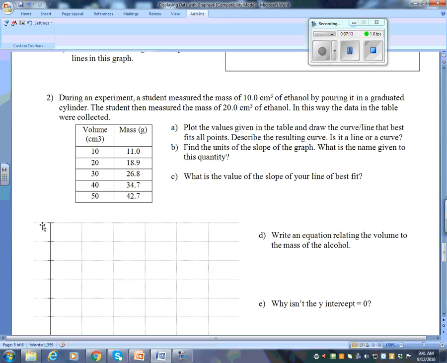Both of you are wasting time. Just... volume will be at the bottom and the mass on the other side, eh?